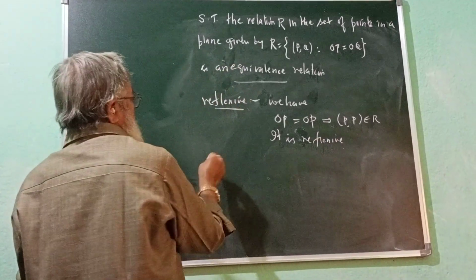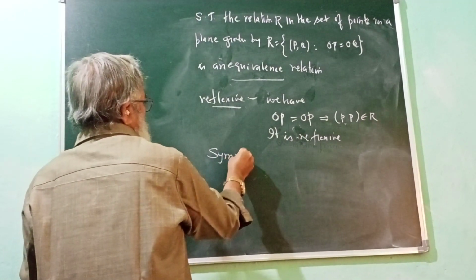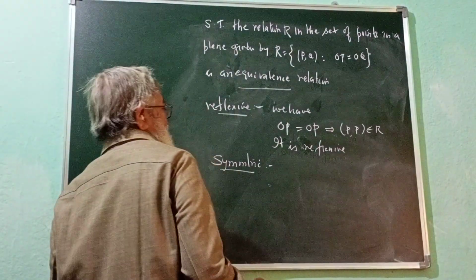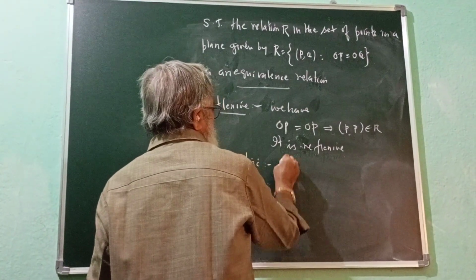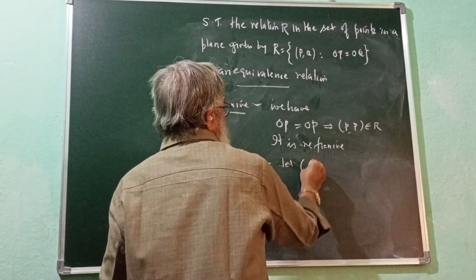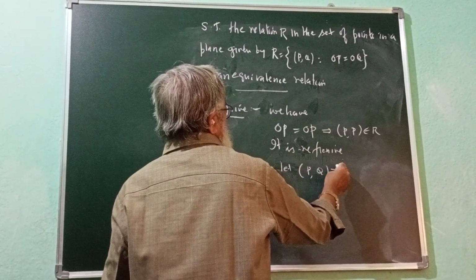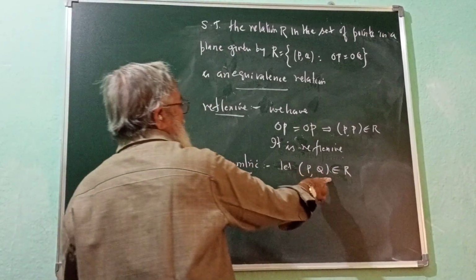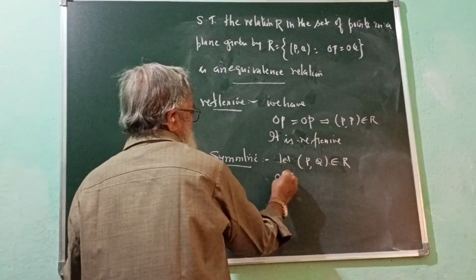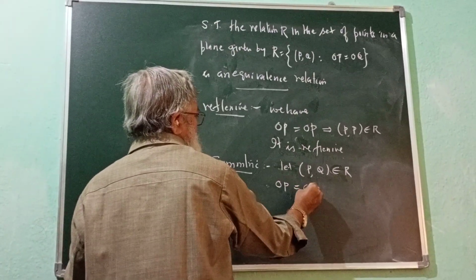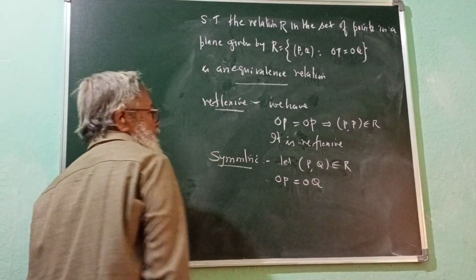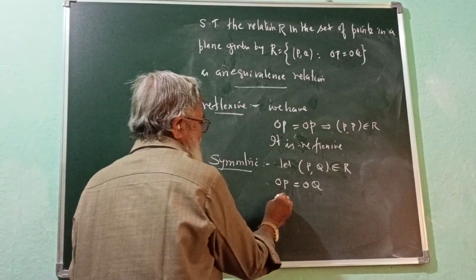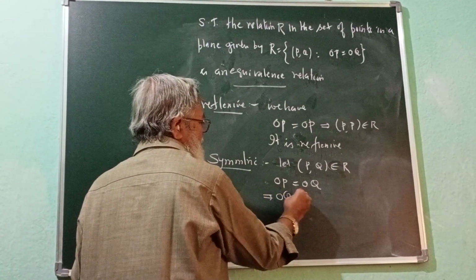Now symmetric we have to check out. For symmetric, let us suppose the ordered pair PQ belongs to R. It means according to the given condition, the distance from the origin to the point P must be equal to the distance from the origin to the point Q. When OP is equal to OQ, we can write OQ is also equal to OP.